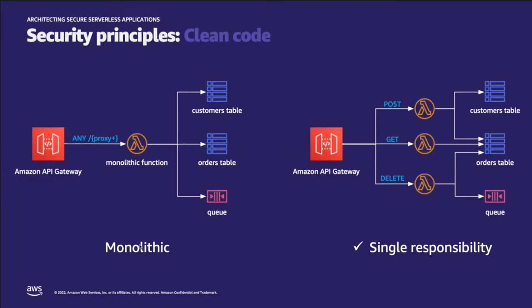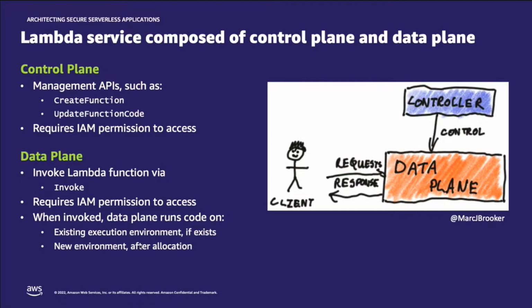One additional thing that is really important to understand is that the Lambda service pretty much has two key components, right? The data plane and the control plane. So the Lambda service is split into these two basic services, and each plane serves a distinct purpose in the overall service.